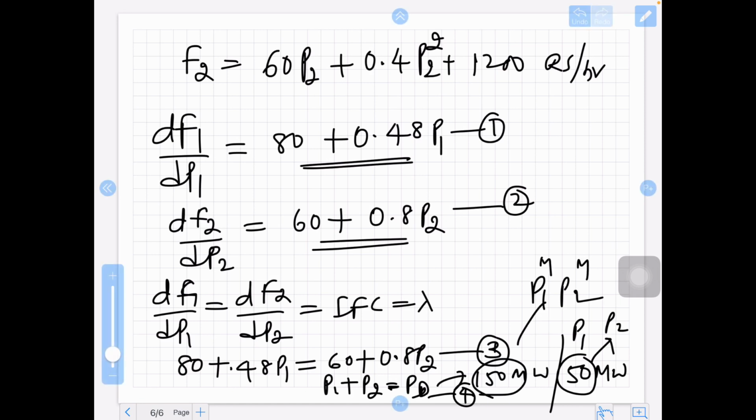Let us take this as P1 minimum. When the load is maximum, the economic generation is P1 capital M, P2 capital M. When the load is minimum, P1 small m, P2 small m. This is how we can solve the problem.